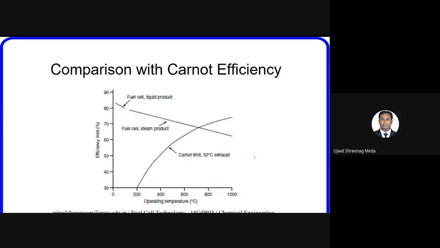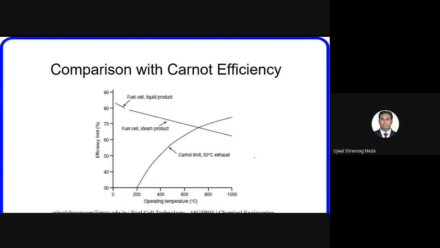Okay. So now when enthalpy comes into picture, and if you want to compare this fuel cell system with other energy generation systems, such as heat engine, so the Carnot efficiency comes into picture.